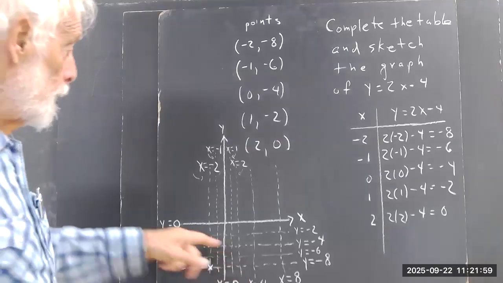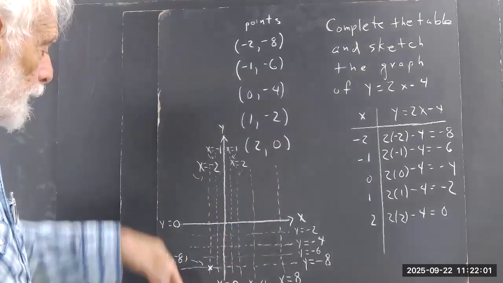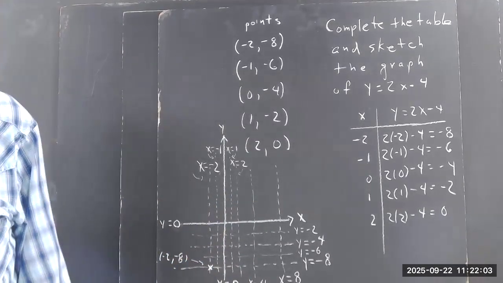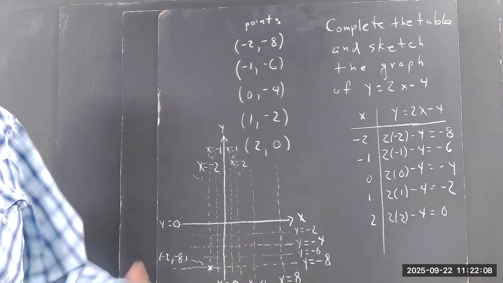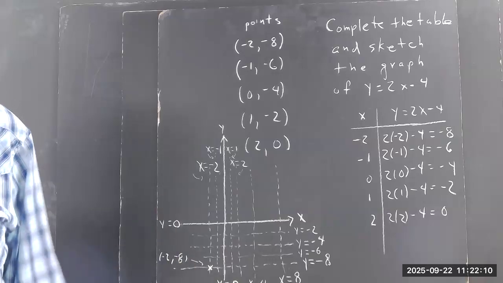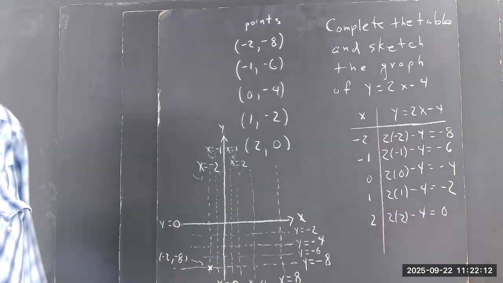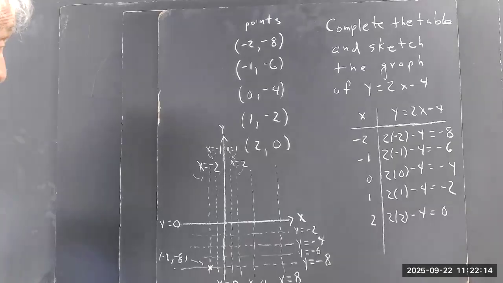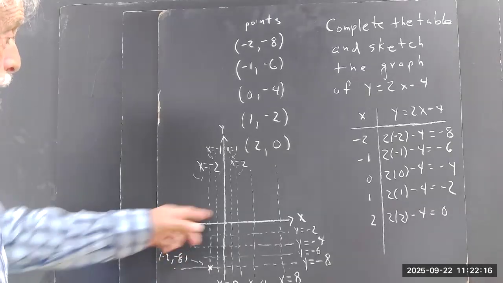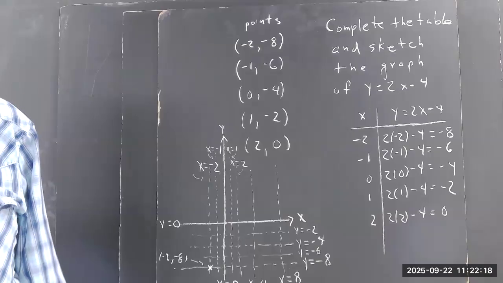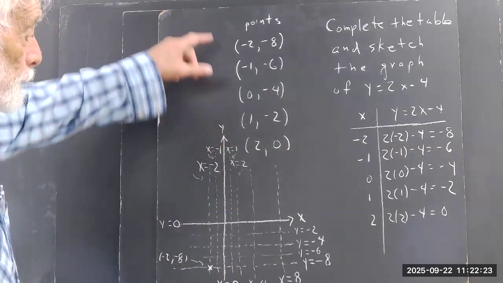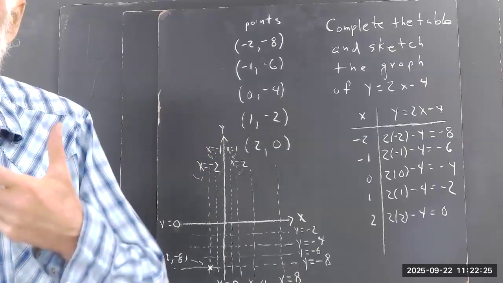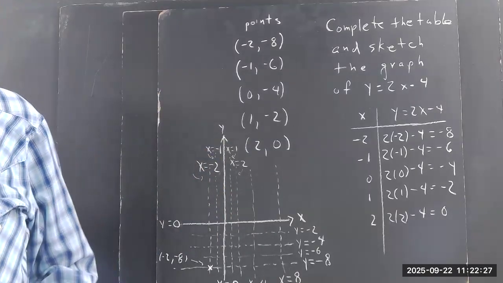Now, you're also taught to put the labels close to the x-axis and close to the y-axis. Now, if that's the way you're told to do it, and that's the way your instructor wants to do it in a pre-calculus class, do it that way. I don't like to do that because my labeling is going to get in the way of my graph. Here, the labeling is out away from where this graph is going to be, so the labeling isn't going to interfere with the graph.